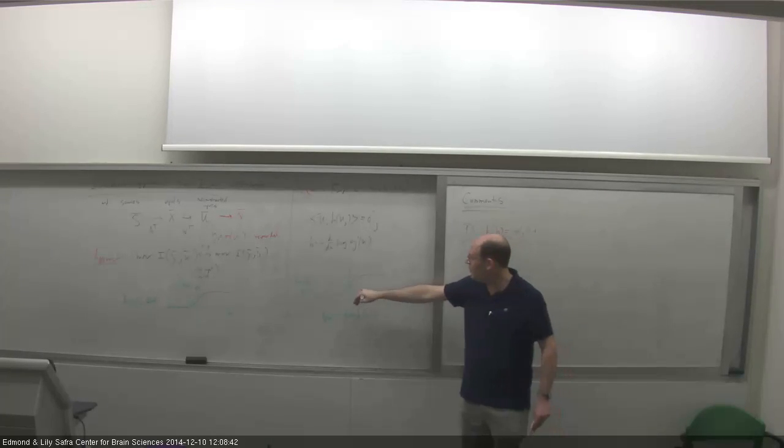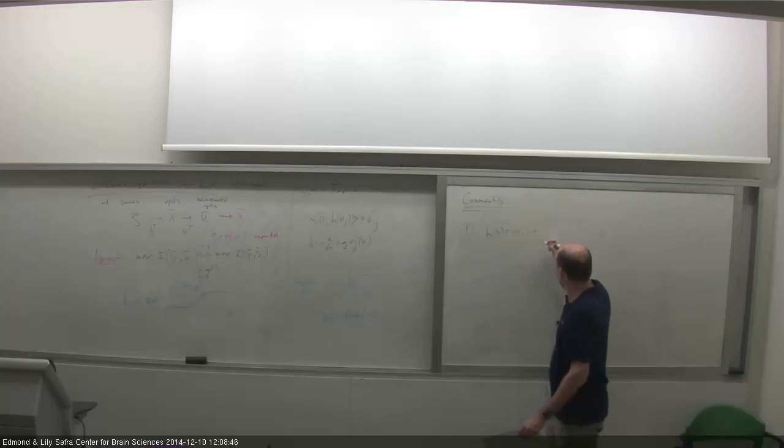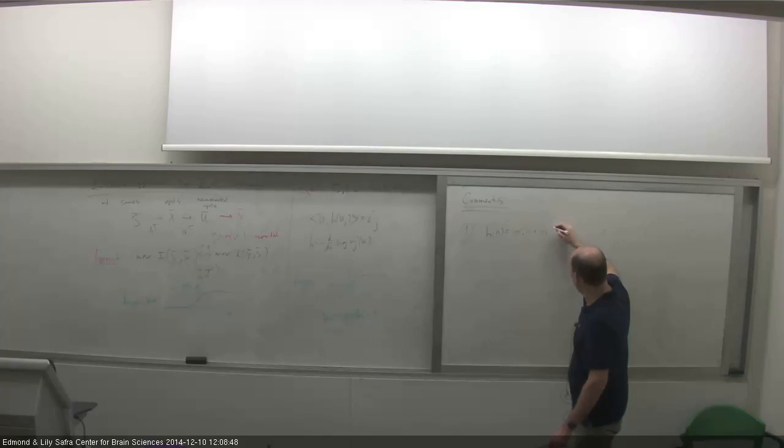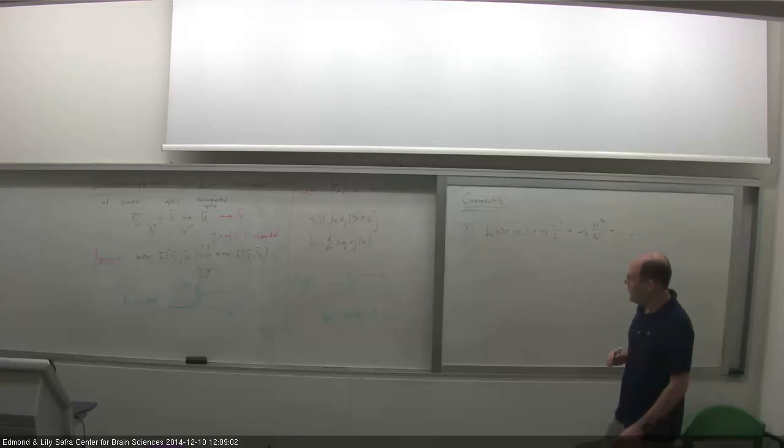For this particular function, it's an odd function, so alpha_2 will be 0, but let's write it more generally. Plus alpha_3 U cubed over 3 factorial, and so on. Just a Taylor expansion.